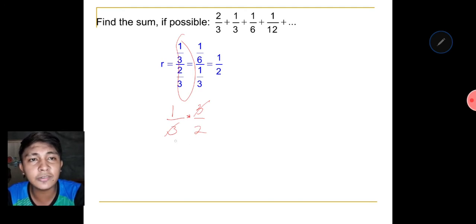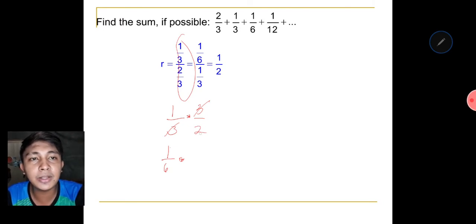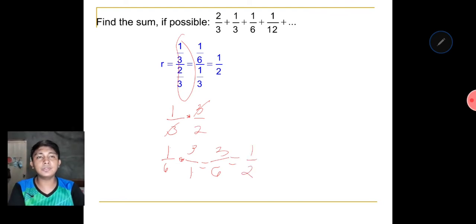Same is true with 1/6 divided by 1/3, which is the same as multiplying the numerator to the reciprocal of the denominator, that is 3 over 1. So 1 times 3 is 3, and 6 times 1 we have 6, that is 3 over 6. To simplify, we have 1/2. So there is a common ratio.